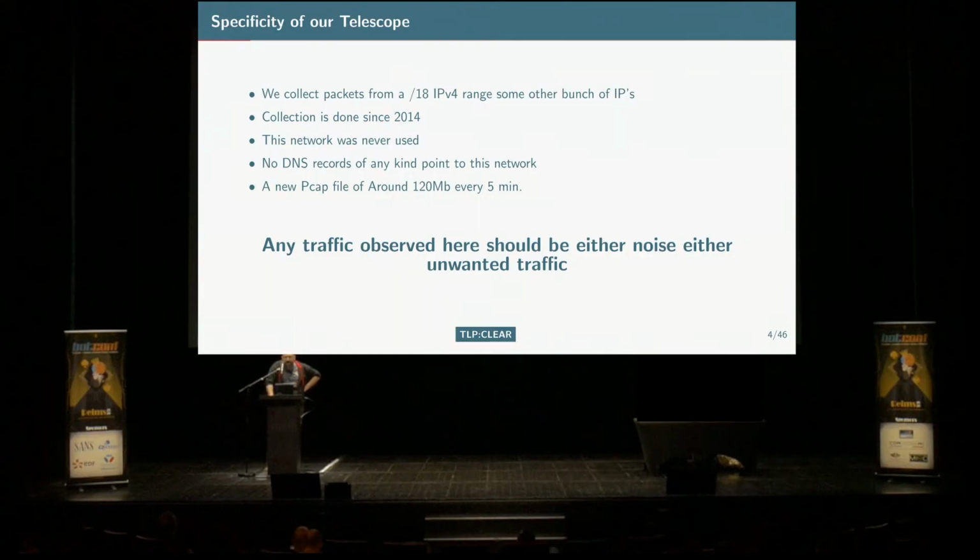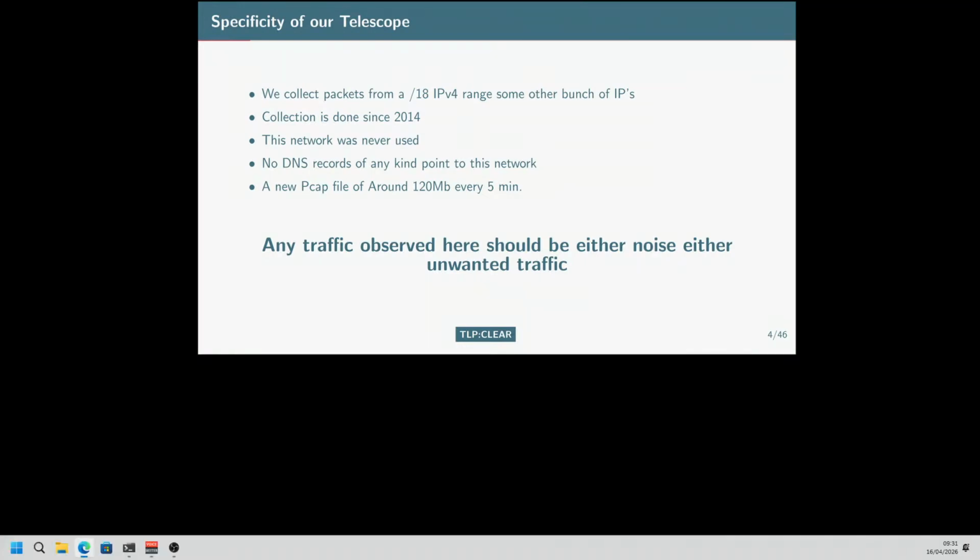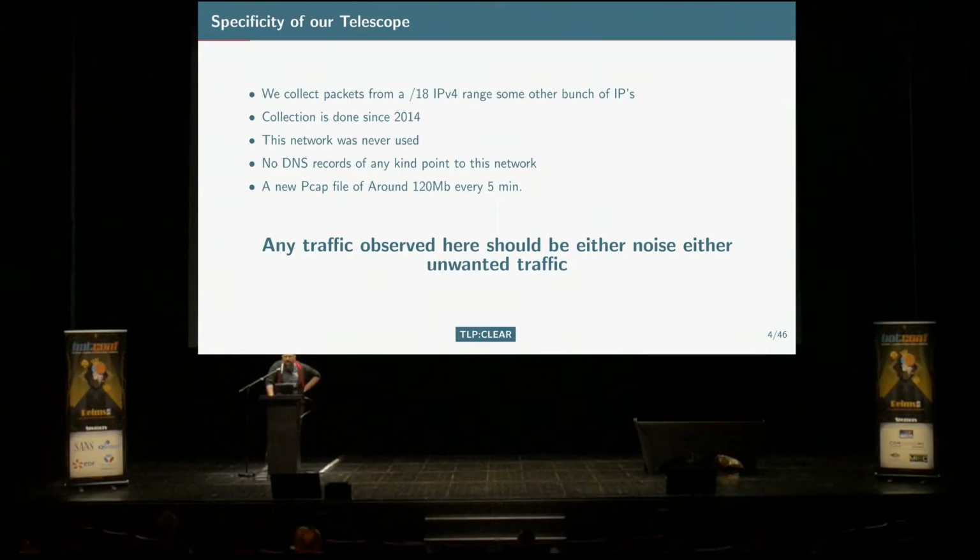It's important to understand that this range was never really used. From the beginning, it's a range that one of the Luxembourgish operators shared with us, and it was never used. So more than 10 years without any IP registered on the internet. It doesn't answer at all. It's just a range that is not used.